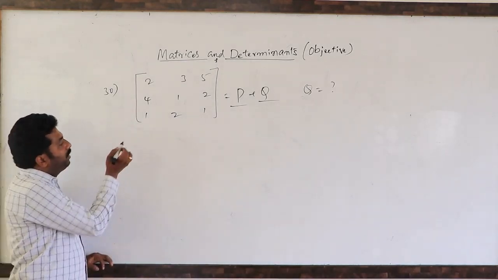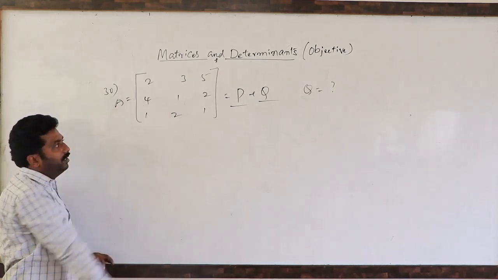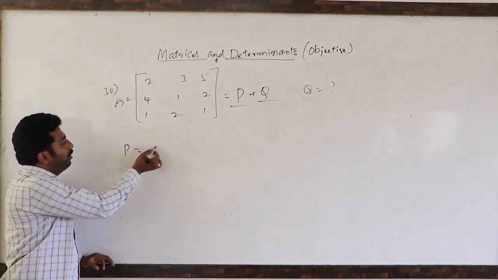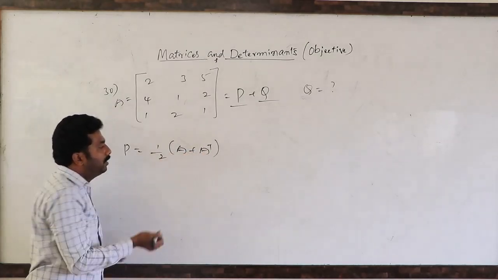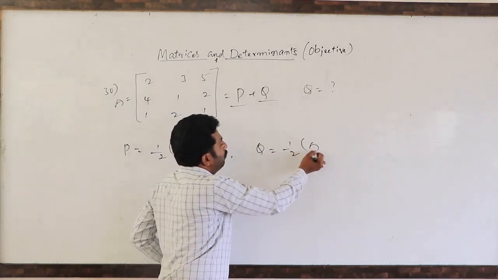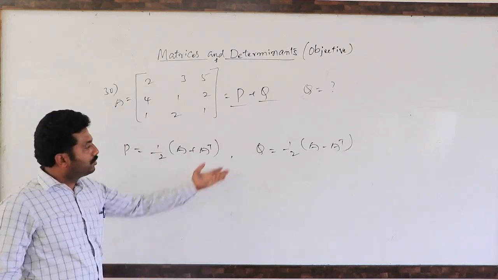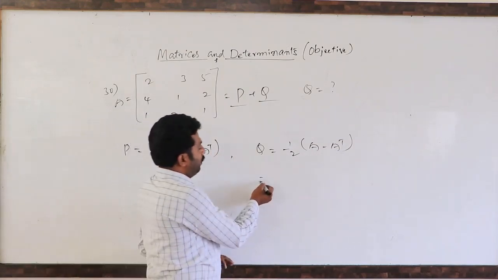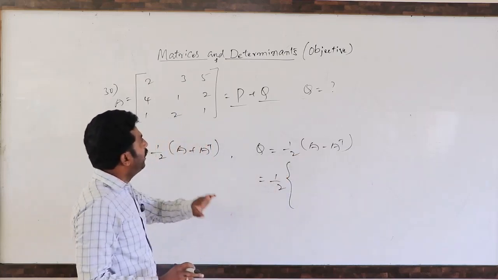What is a skew symmetric matrix? Any square matrix, suppose this is A. What is the symmetric matrix formula? 1 by 2 into A plus A transpose. What is the skew symmetric formula? 1 by 2 into A minus A transpose we have to write. They are asking only Q, so here A minus A transpose.